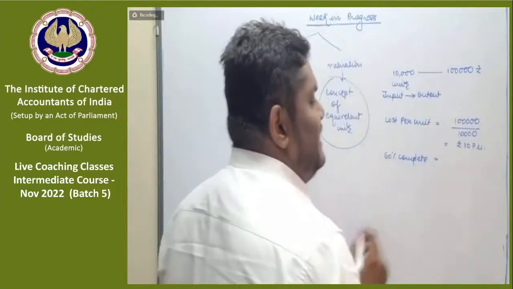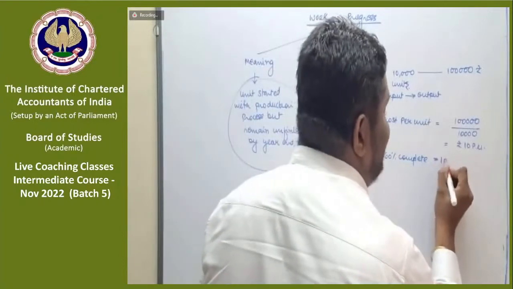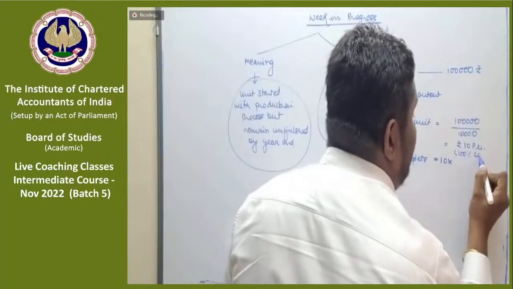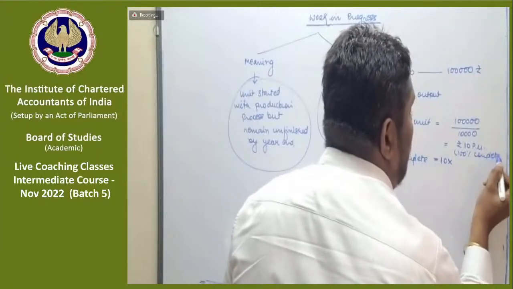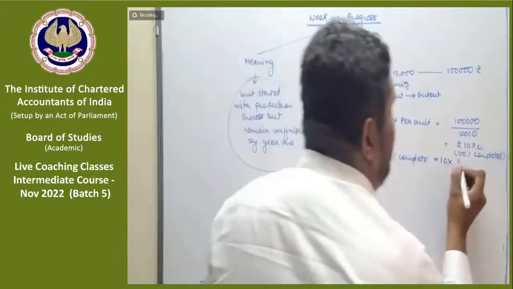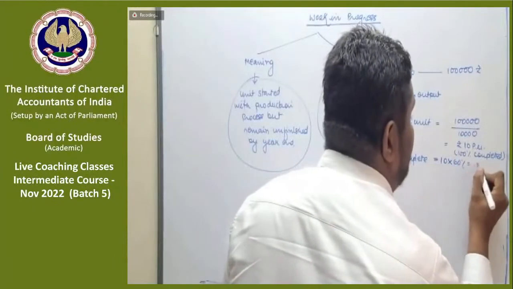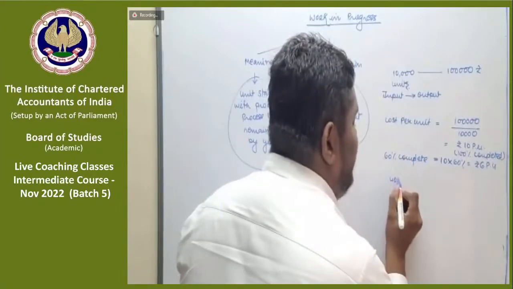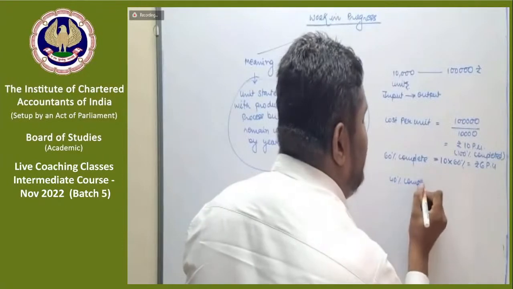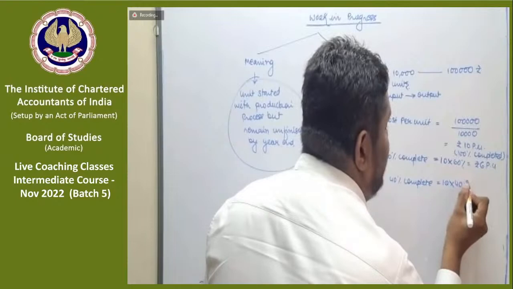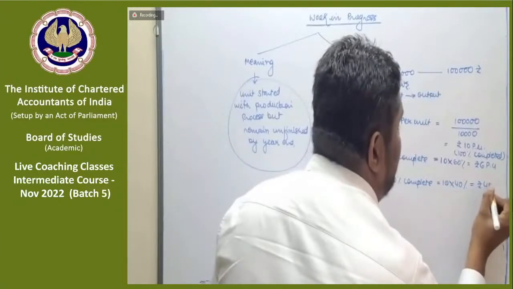If these units are 60% complete, we can simply say rupees 10 per unit is the cost for 100% completed units. So what will be the cost of a 60% completed unit? Very simple. 10 into 60%, that is rupees 6 per unit. If these units are 40% complete, we can easily say 10 into 40%, that is rupees 4 per unit.